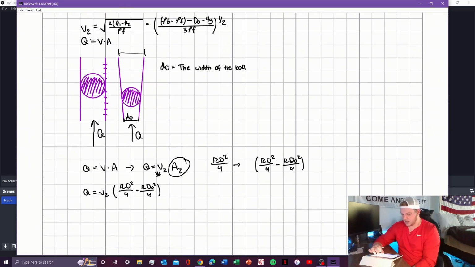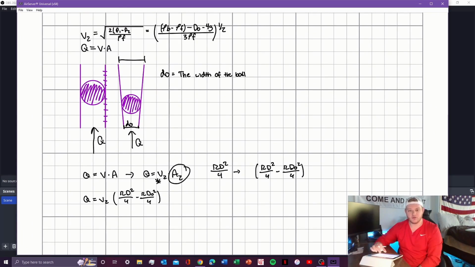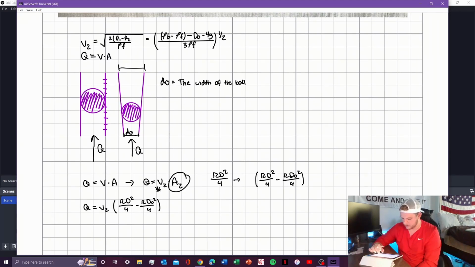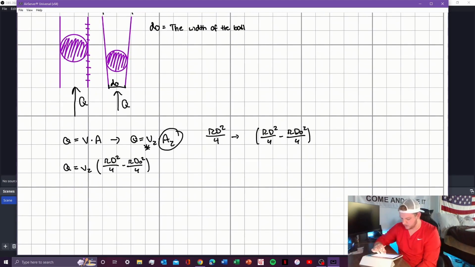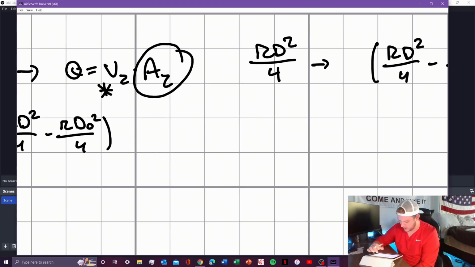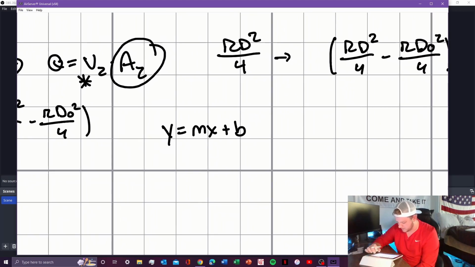Now, since the rotometer is tapered, we need to take that into account, and we can do that using a linear line, or the function y equals mx plus b. In this case, b will be D naught, and then m times the height of the container.